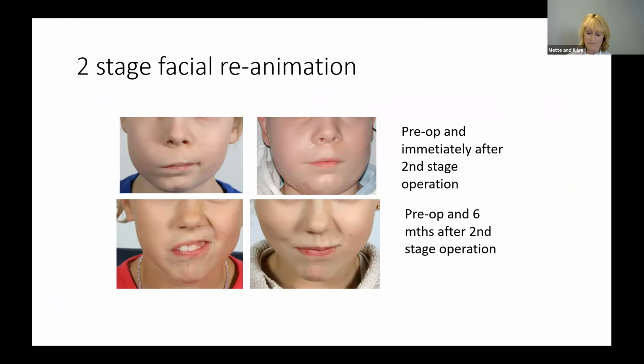These are just examples because I wanted to show that in the dynamic procedure here preoperatively and here just after the 2nd-stage surgery, you get an immediate lift of the angle of the mouth from the passive lift of the muscle. And then you get movement later on.